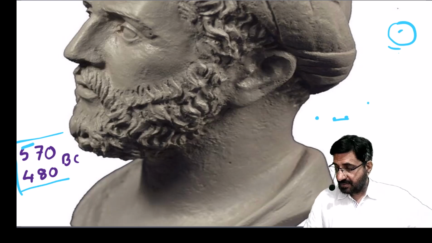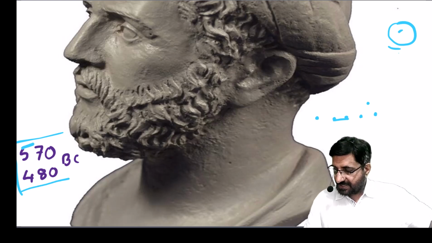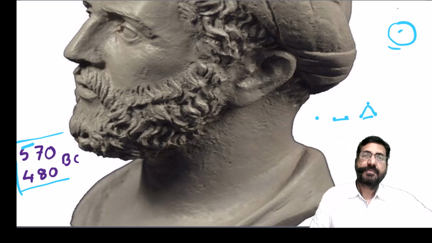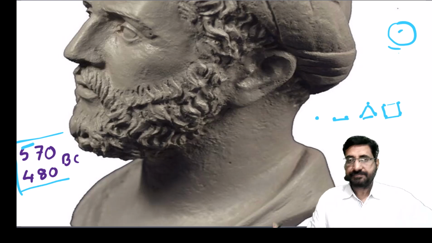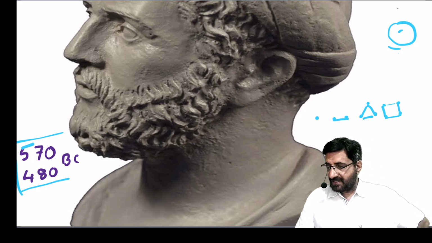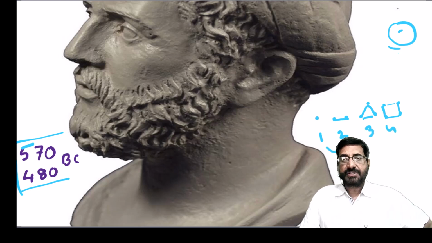For 3, you join these points, you will get one triangle. What about 4? You get one square. Okay, this is 1, this is 2, this is 3, this is 4. If you add all these numbers 1, 2, 3, 4, you get the number 10.